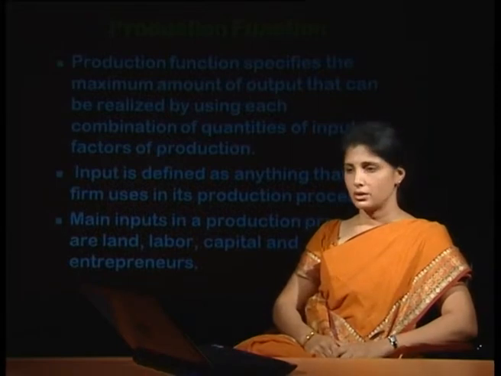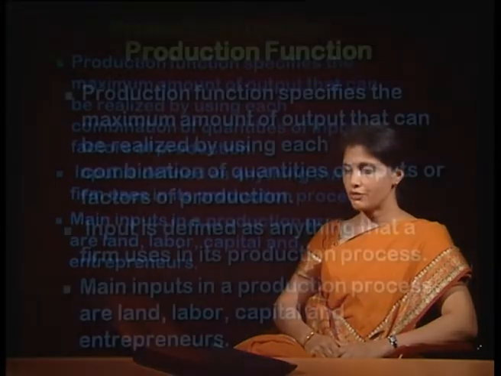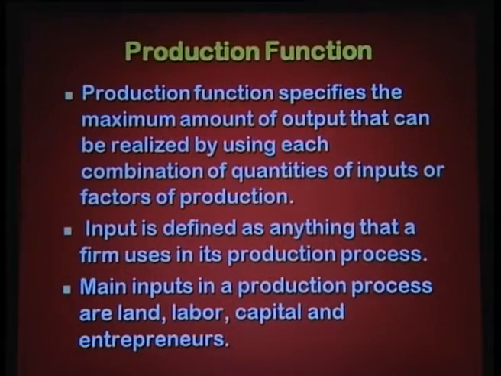Production function. Production function specifies the maximum amount of output that can be realized by using each combination of quantities of inputs or factors of production. Input is defined as anything that a firm uses in its production process. Main inputs in a production process are land, labor, capital and entrepreneurs.